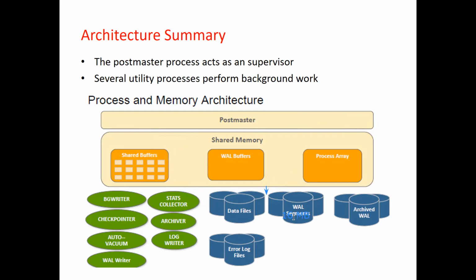Now once this 16 MB is full, it will write to a new WAL segment. So this is referred to as a WAL segment, not as a file, but actually it is a file only.